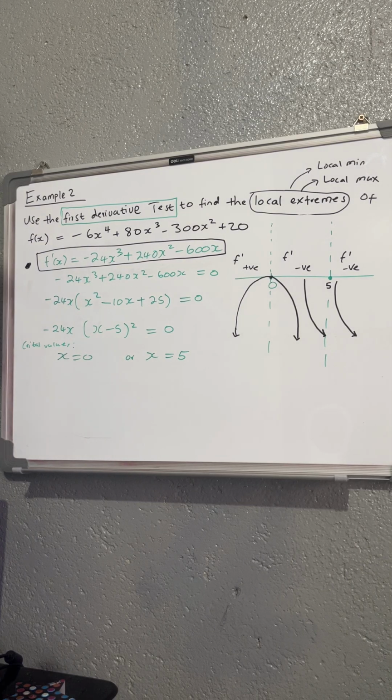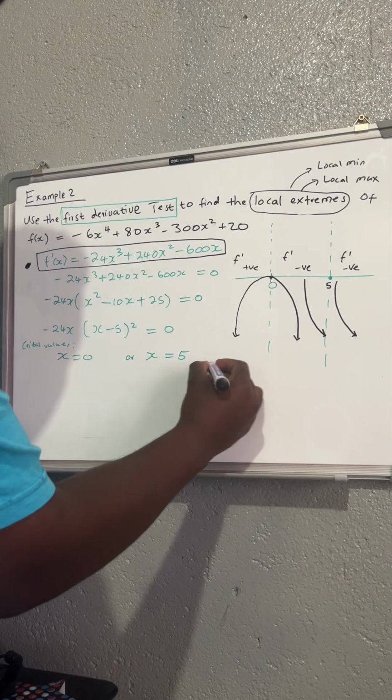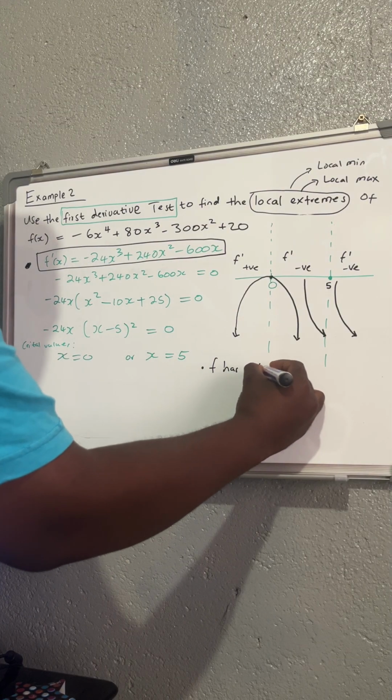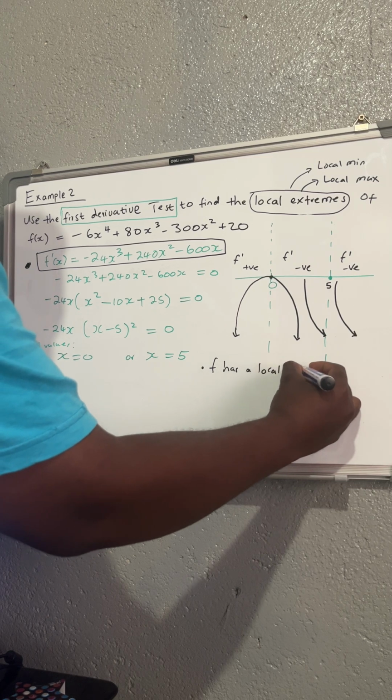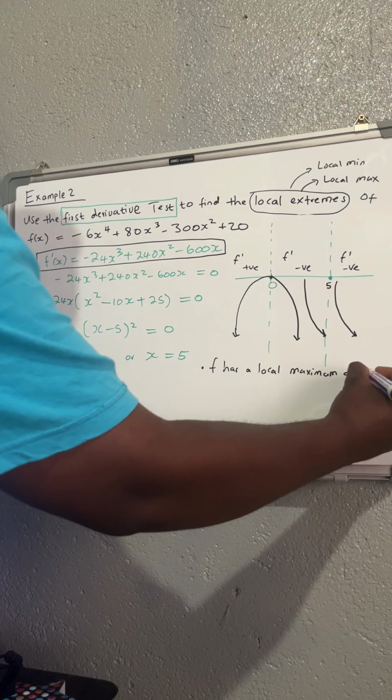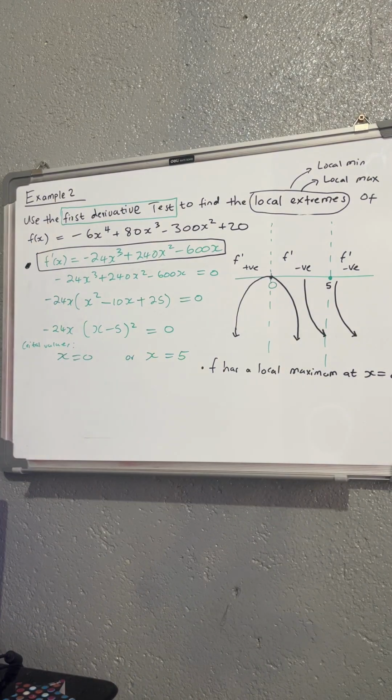So now we have to do our conclusion. We will say f has a local maximum at x equals 0.